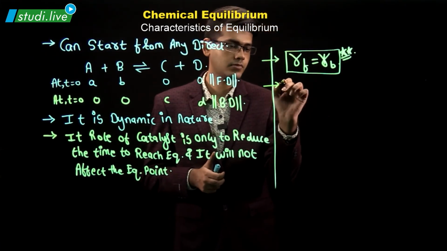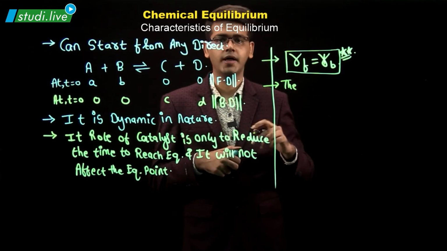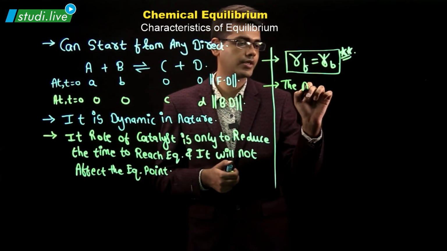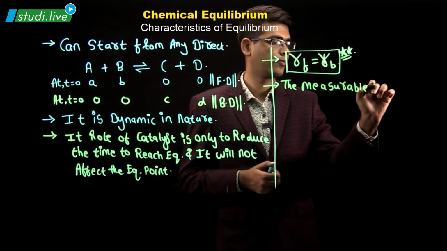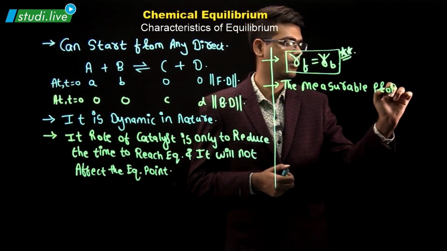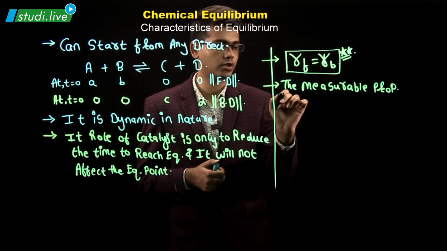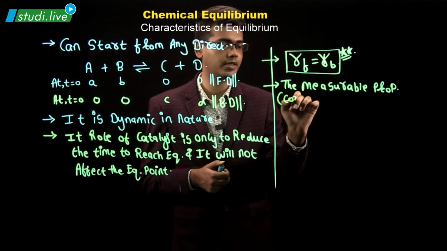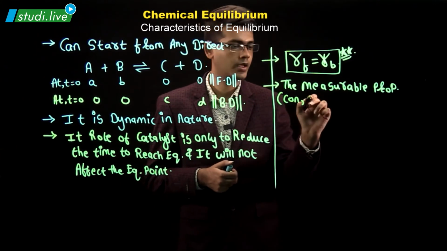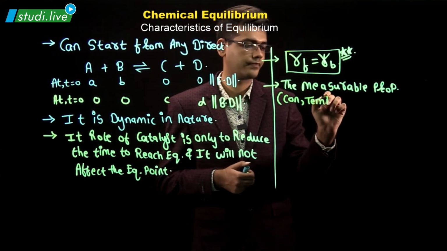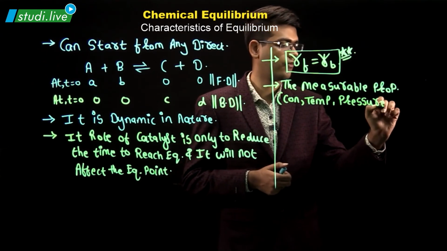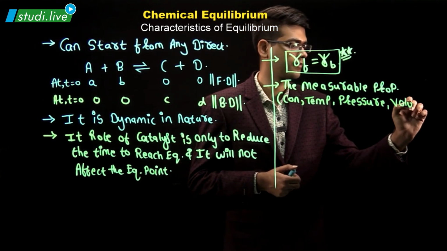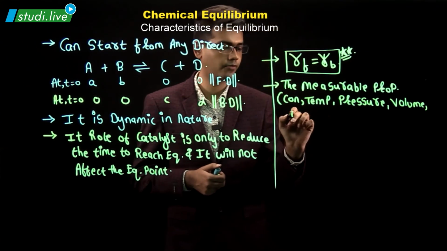Also, the concentrations, or in general the measurable properties. What are the measurable properties? That also we can write. Measurable properties are concentration, temperature, pressure, volume. We'll also have number of moles.